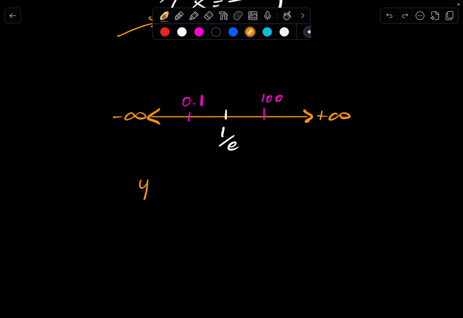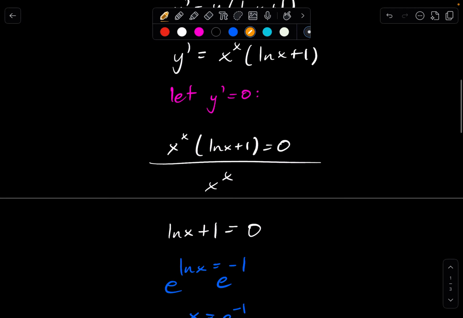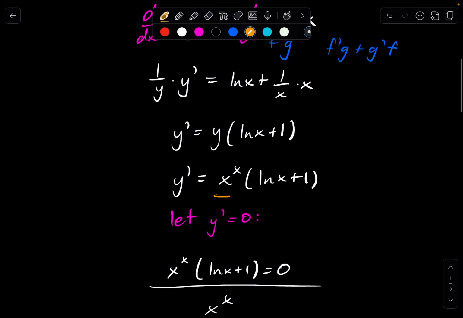Let's write y prime here. This is the proper way to make a sign chart, or there are many flavors of sign charts, but this is the one I prefer. Then we have y here. If we plug 0.1 into our original equation for y prime, let's go ahead and do that. Let me do 0.1 to the 0.1, and then I'm going to multiply that by the natural log of 0.1 plus 1.